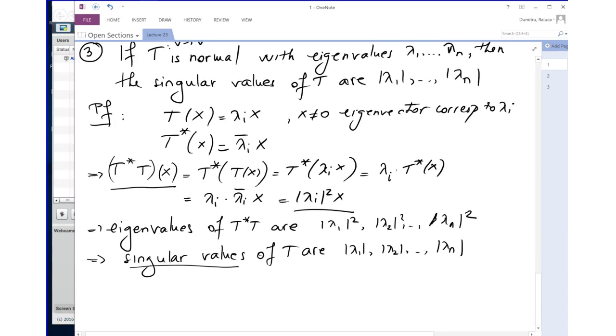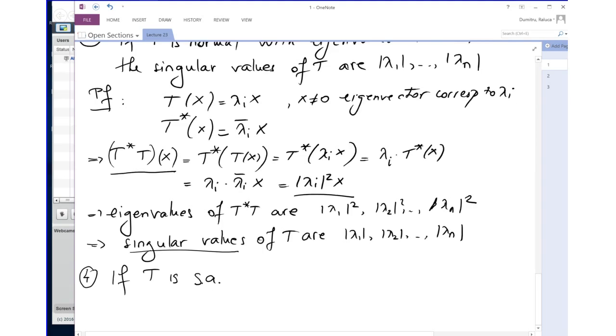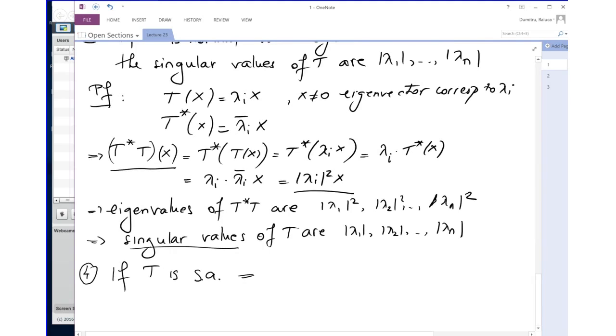It's even simpler if T is self-adjoint, because if it is self-adjoint, then in particular it is normal. So its singular values will be the absolute values, according to the example above.